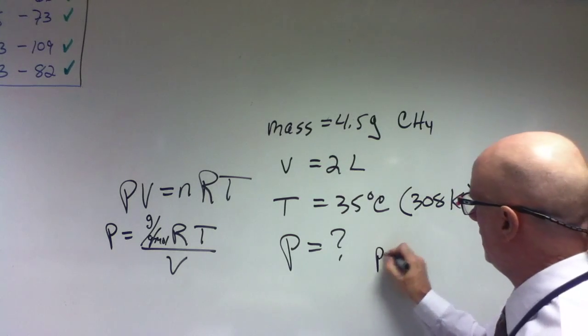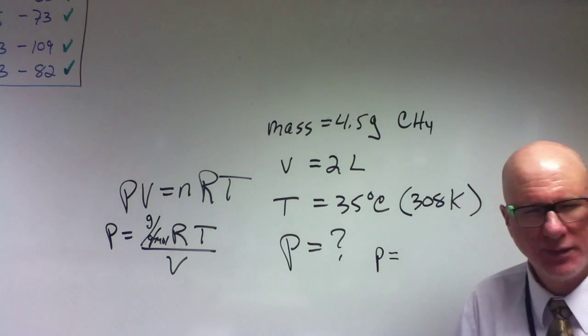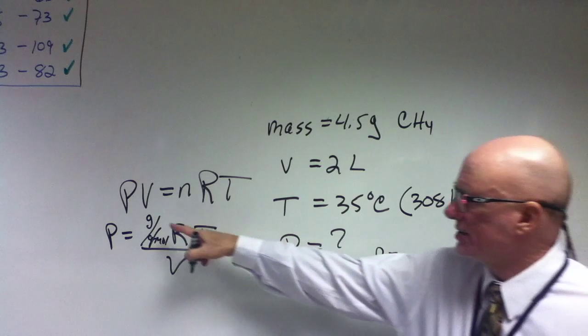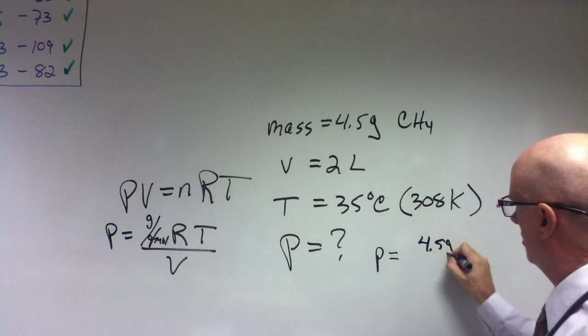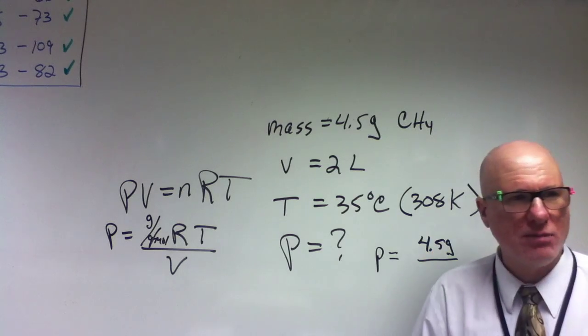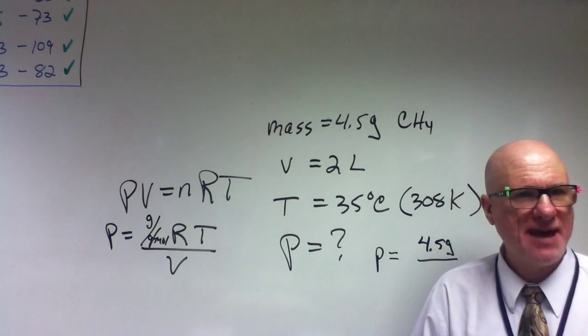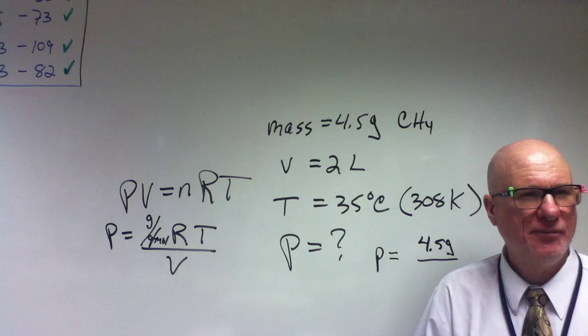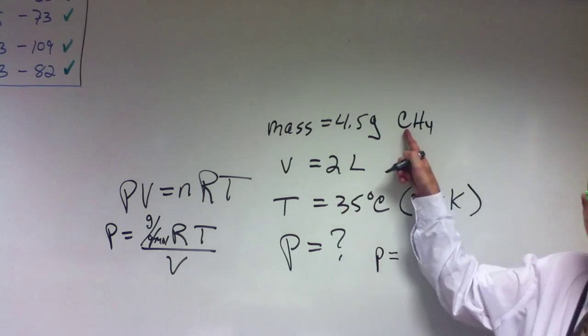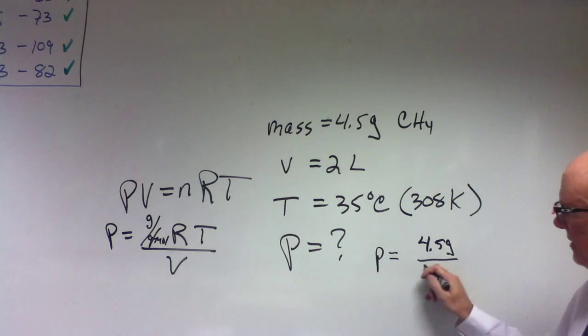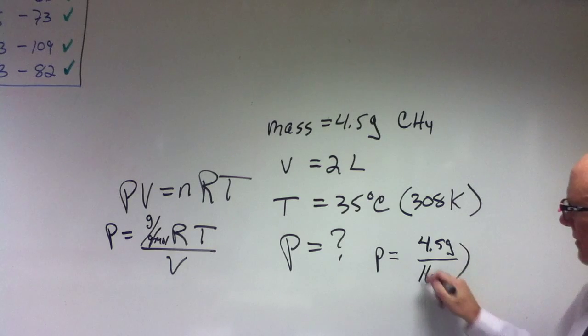All right, so P equals what? What's the mass? 4.5. What's the mass of 1 mole of methane? Anybody? What is it? 16. 12 plus 4 is 16. Right? That's the moles.